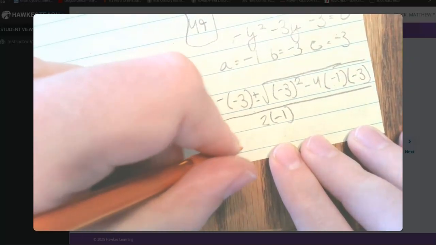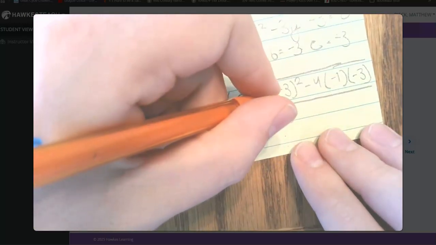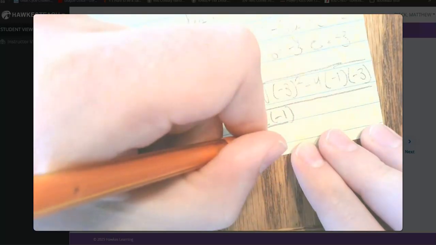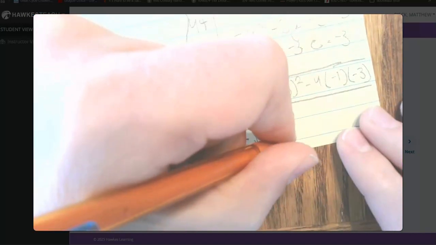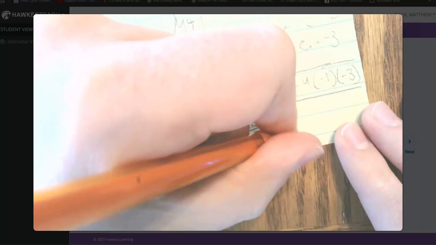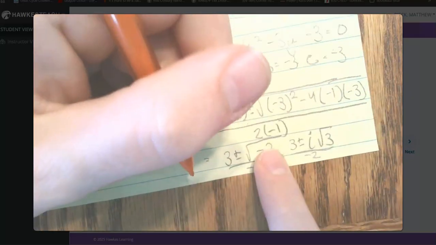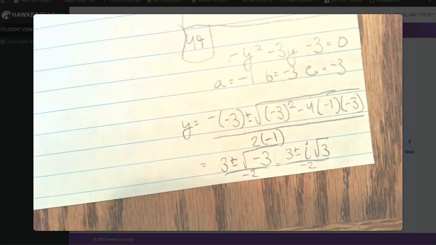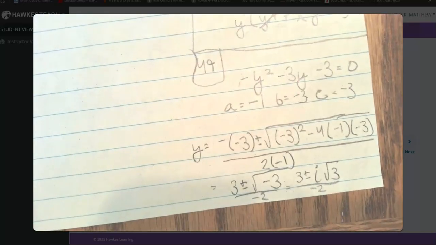So we end up with 3 plus or minus the square root of 9 minus 12, so negative 3, over negative 2. So we got 3 plus or minus i square root of 3 over negative 2. Again, we have a negative square root, so we can bring an i out front and make what's inside the square root positive. So that would be your answers there.